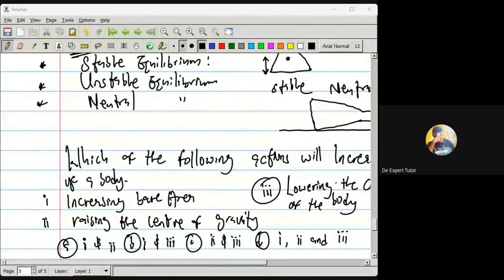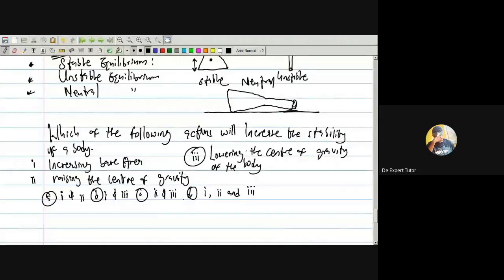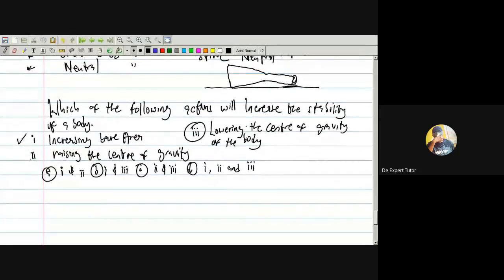All right, let me discuss it. Pay attention. Number one is increasing base area. Of course, yes. Let me tell you something. If I ask which of these two bodies is stable?